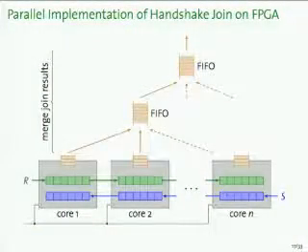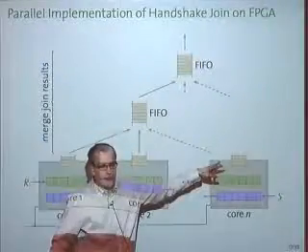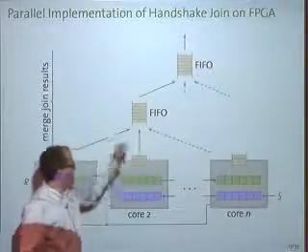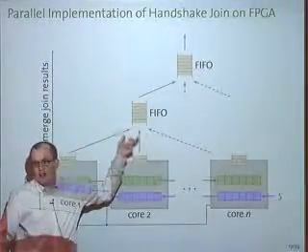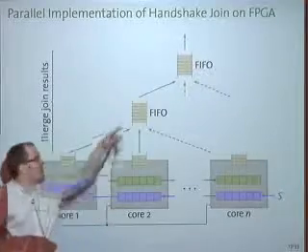Now here, if you go through this merging pipeline and multiple of these FIFOs have result data available, then you need to arbitrate between them. So at the very top, the order in which you see tuples is still in order of what happens in the stream, but not quite.